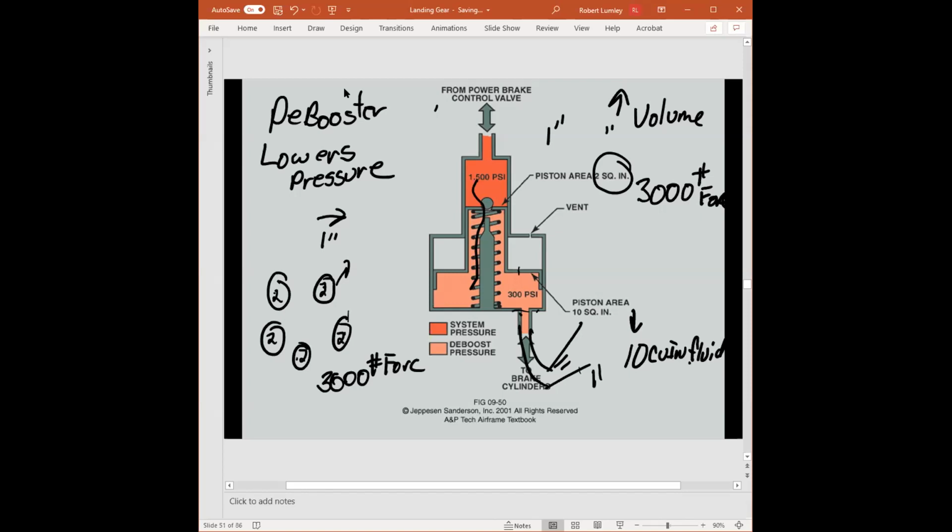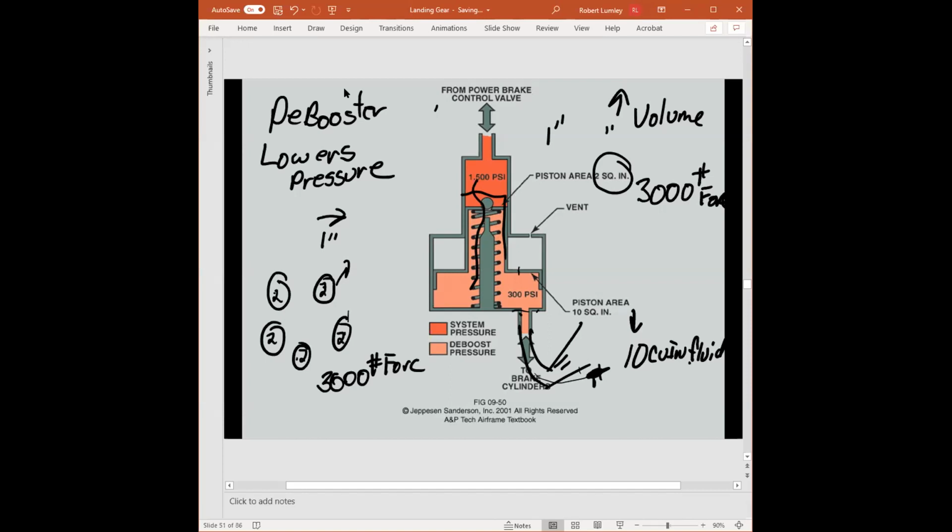Fluid would release, pushing out air, hopefully. Eventually, this would go down far enough to allow system pressure to come in so that we could bleed that air. When we trapped it, or closed off the bleed valve, this pressure would build back up and rise so that the valve is now off.